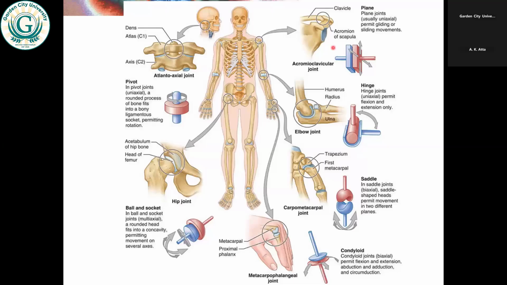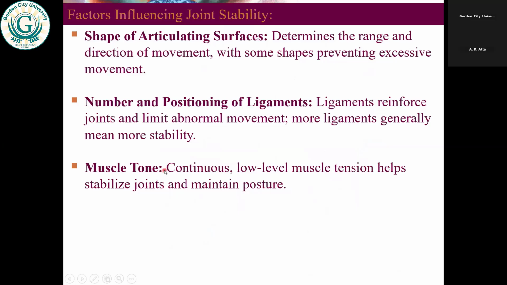But if you look at the hip, the stability is not the muscles. It is the nature of the bones, because the head can fit into the big acetabulum. The nature of the articulating surface provides stability, and also, of course, the ligaments that are located over there.